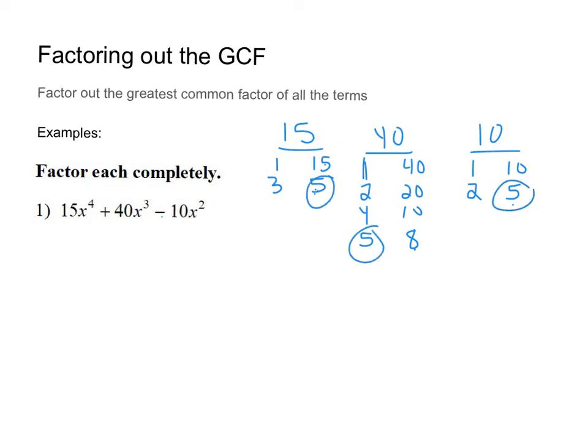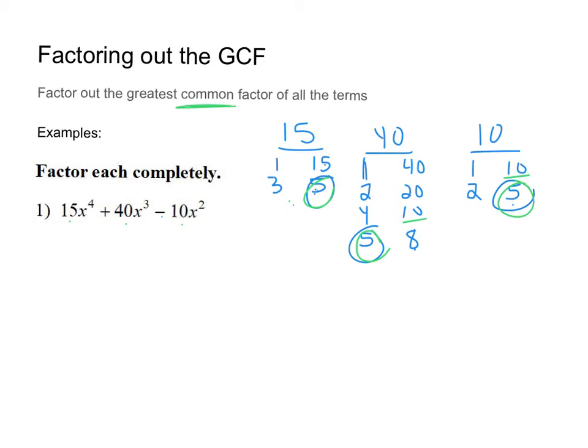I know we have 10 for both 40 and 10, but we don't have a 10 in 15. It has to be a common factor, so it has to work for every single term. Otherwise, we can't use it. So we have to use 5. Part of our greatest common factor is going to be 5.